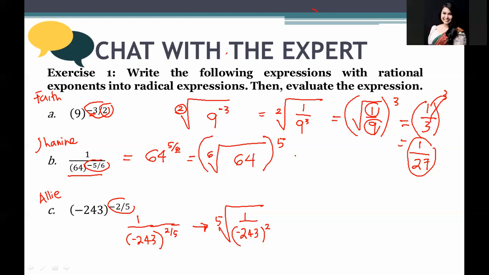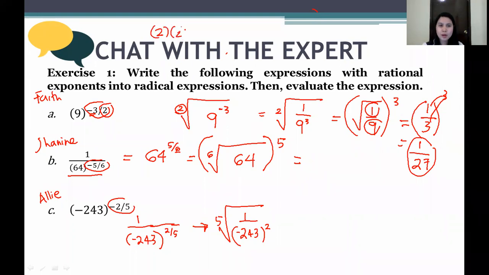So let's now solve. What's the 6th root of 64? I suggest again, we start from the smallest number. So we have 2. Multiply 2 by itself 6 times. 1, 2, 3, 4, 5, and 6. 2 times 2 is 4. Times 2 is 8. Times 2 is 16. Times 2 is 32.